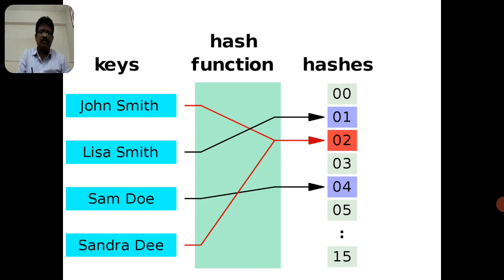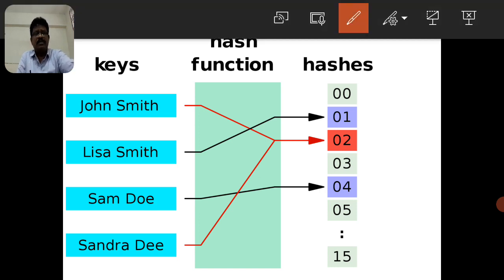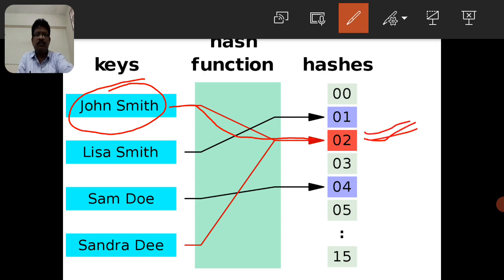The keys are non-numeric values, and these are applied to the hash function, which converts them into numerical values. Now you can observe the key John Smith is converted into the numerical value 2 with the help of the hash function.